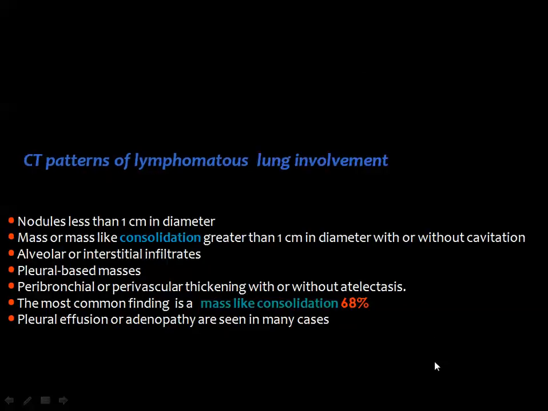And as written here, the most common finding of lymphoma of the lung is a mass-like consolidation, which is seen in about 68% of the cases. Then you may get nodules, alveolar opacities, pleural effusion, mediastinal lymphadenopathy, and these are the forms of pulmonary lymphoma.